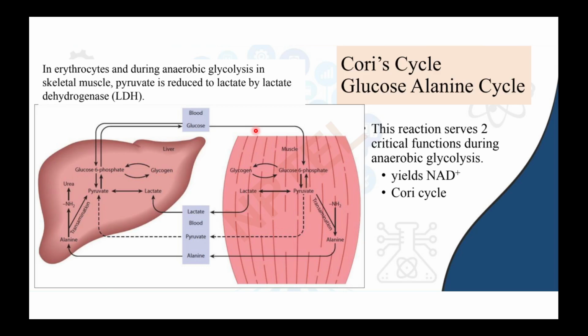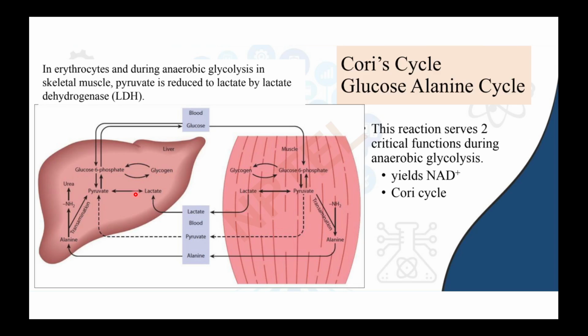In that case, pyruvate gets converted into lactate anaerobically in the muscles. Now this lactate keeps getting accumulated in the muscle, causing lactic acidosis. But to prevent that, our body has a mechanism where this lactate is transported out of the muscle into the blood and then again transported into the liver.